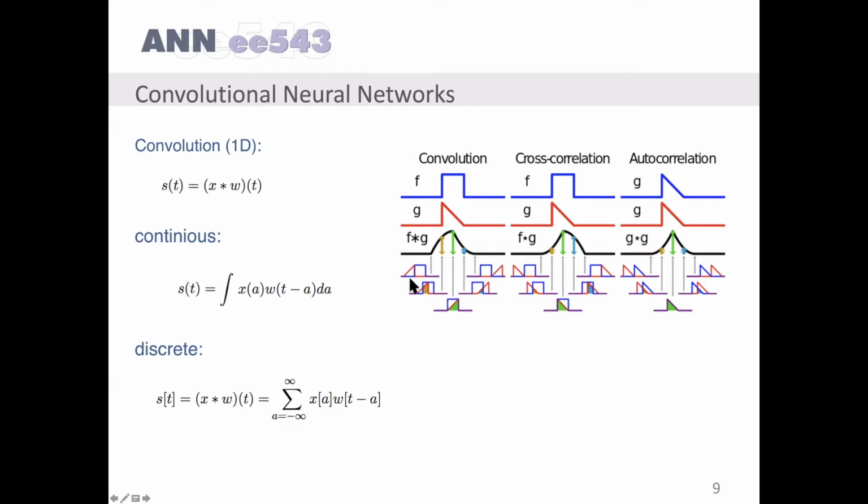Here notice that when t is equal to this point, the value of the convolution will be 0, because the value of f is 0 here, and after this point the value of g is 0. Because of that, the value of the convolution is 0.